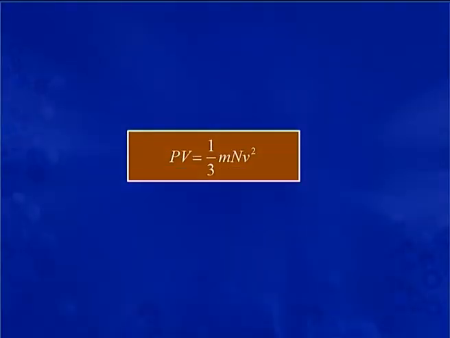So, in this lecture, we have discussed the assumptions of kinetic gas theory, and then we derived the kinetic gas equation, that was PV = 1/3 mn v². Here P stands for pressure exerted by the gas, V is volume of the gas, m is average mass of each molecule, n is number of molecules, v² is mean square velocity of the gas.